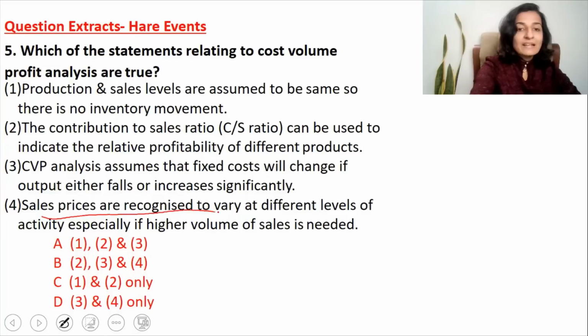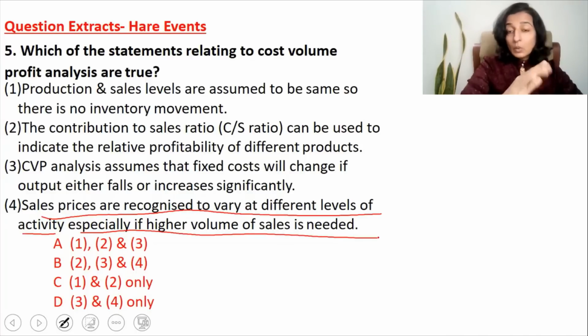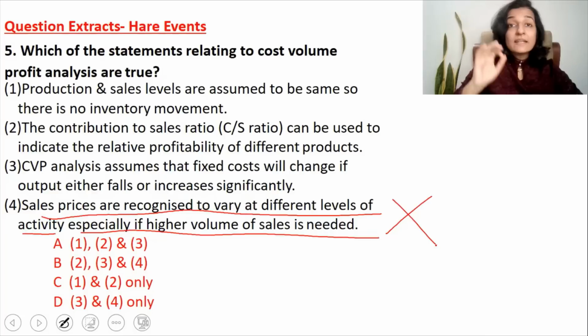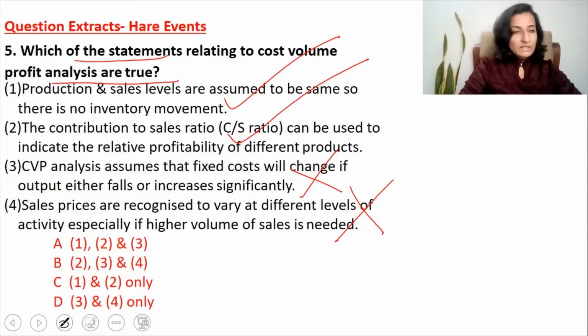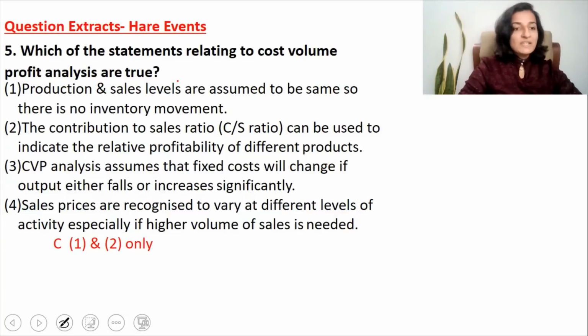Sales prices are recognized to vary at different levels of activity, especially if higher volume of sales is needed. No, it is always assumed that selling price is constant, which means that statement 1 and statement 2 are right, and statement 3 and statement 4 are false. So the correct option is option C, that is 1 and 2 only.